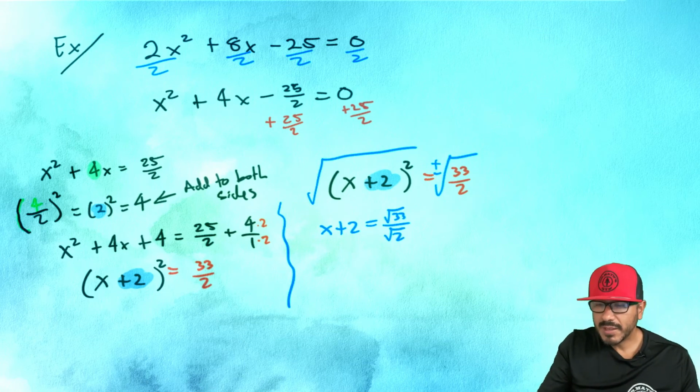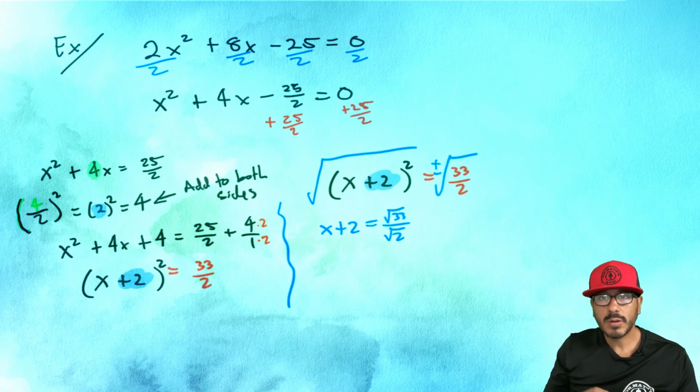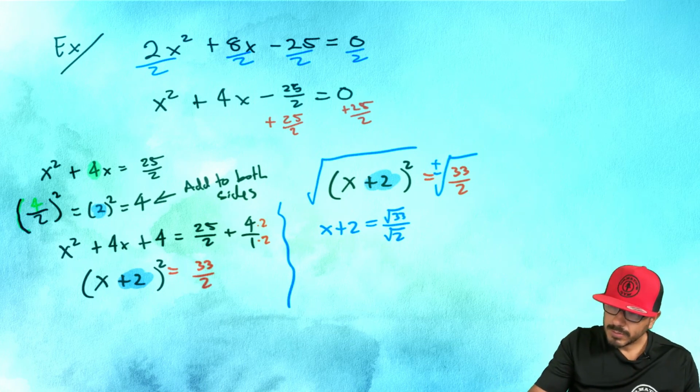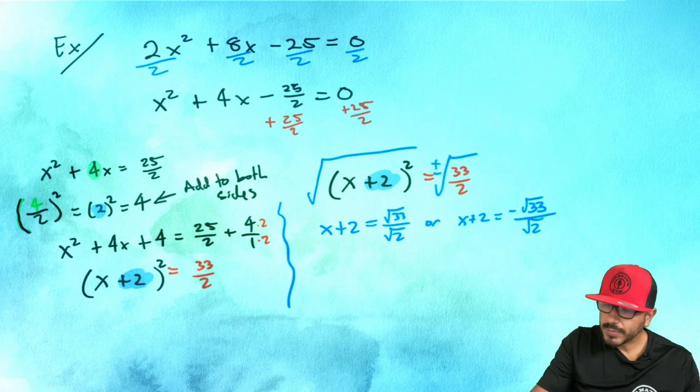You'll see in a few minutes why I wrote it like this. So again, if you ever have a fraction inside of a radical, this is one of our properties. We're allowed to do that. Or we're going to take the same thing, x plus 2 equals negative square root of 33 over the square root of 2.